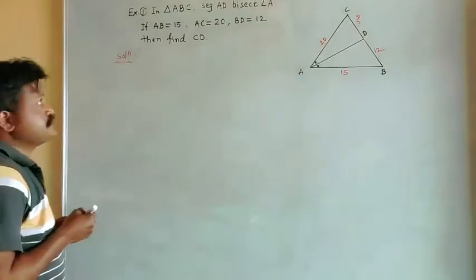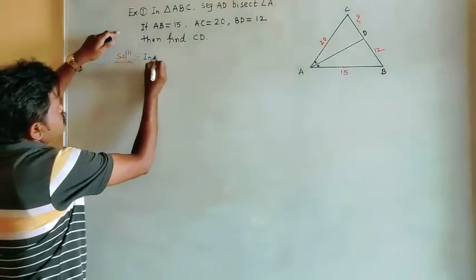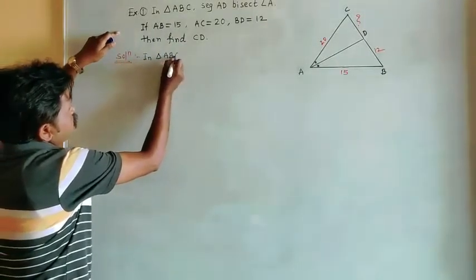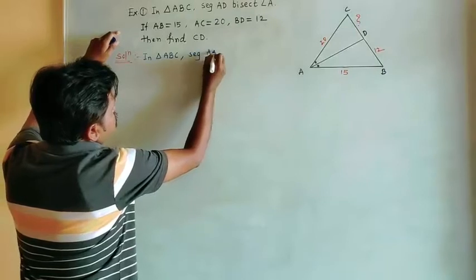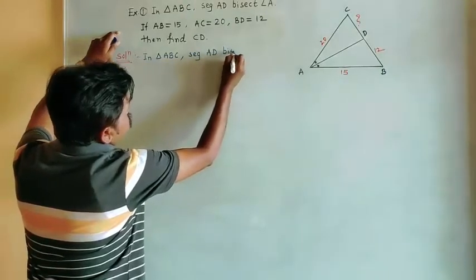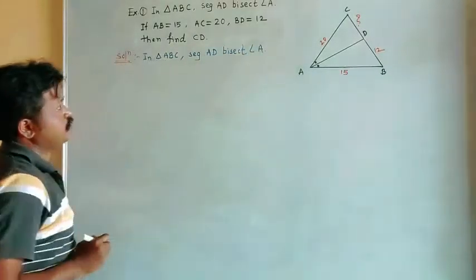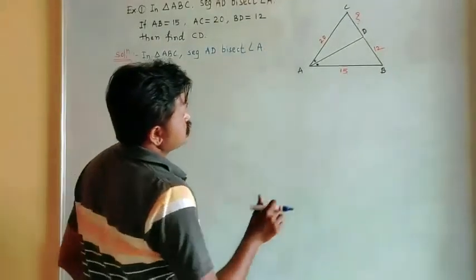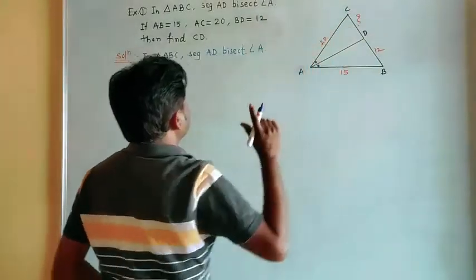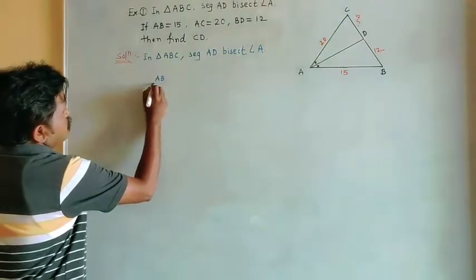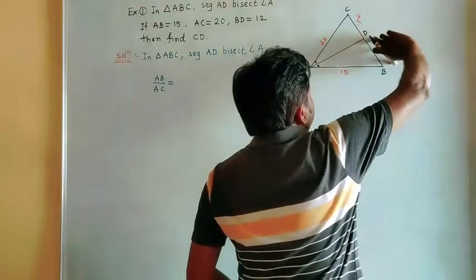Now we share the solution of this. In this solution we write the first statement as it is. In triangle ABC, segment AD bisects angle A. Therefore, AD bisects BC, so we write AB upon AC is equal to the second ratio BD upon CD.